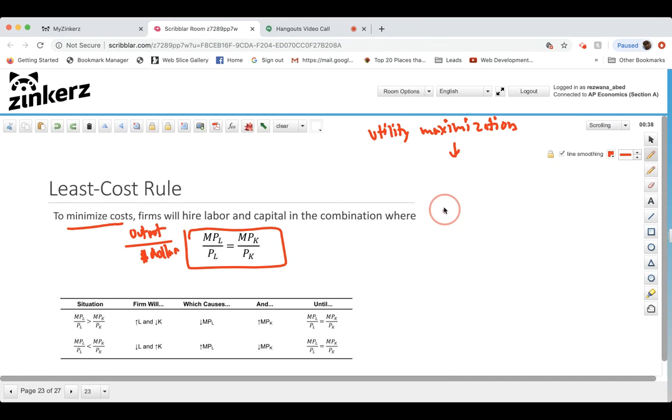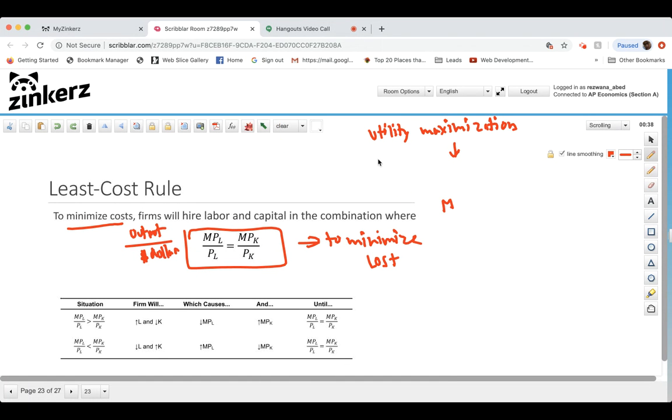So I'm saying, in order to minimize costs, they should do this, right? Let's say this weren't the situation, so the output per dollar from labor was not equal to the output per dollar from capital.